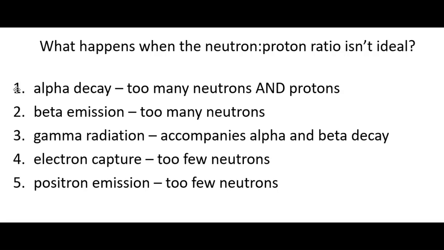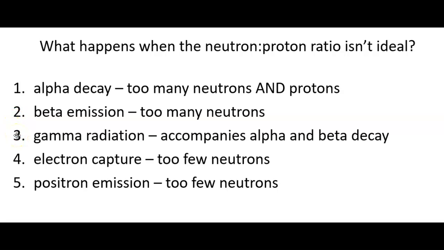So we have a nucleus that has too many neutrons and too many protons. It makes the nucleus unstable, and so the atom will spontaneously go through a process of radioactivity or radiation emission, and it will go through what we call alpha decay. If you have too many neutrons in your nucleus, if you're an atom, you'll go through beta emission.